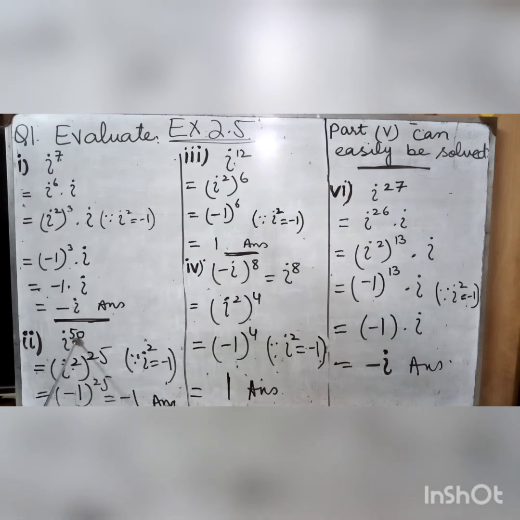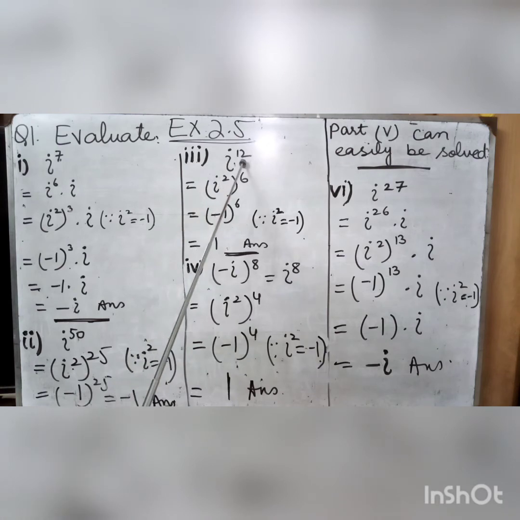Second part, iota 50. Split the exponent of iota 50 into iota square with exponent 25. As we know that iota square is equal to minus 1, therefore minus 1 raised to power 25. 25 is an odd number, therefore the negative sign remains the same. Answer is minus 1.